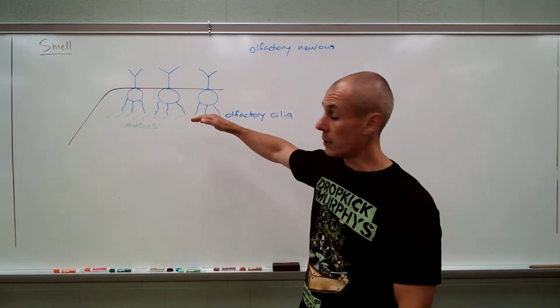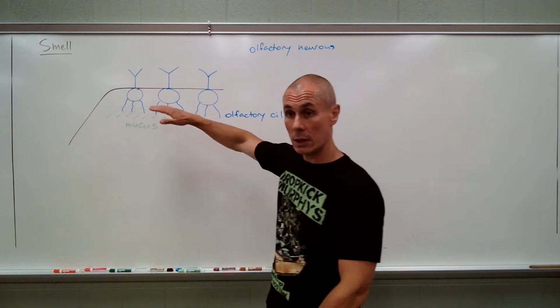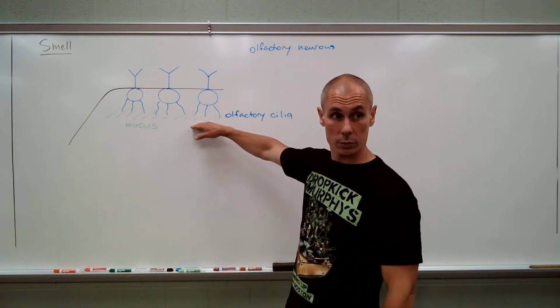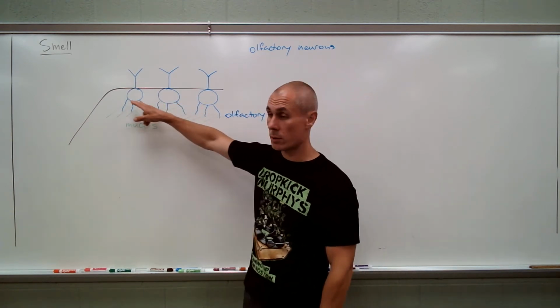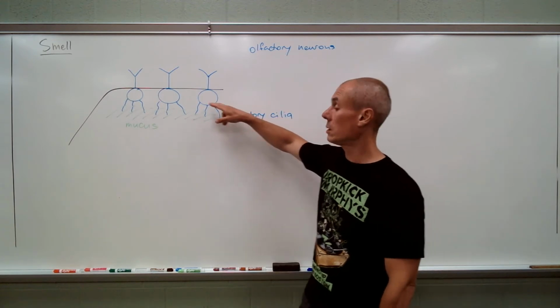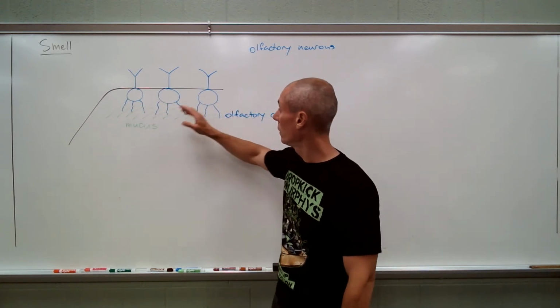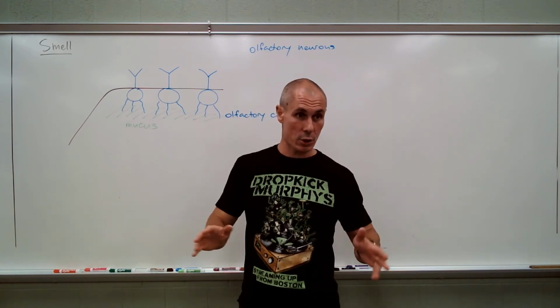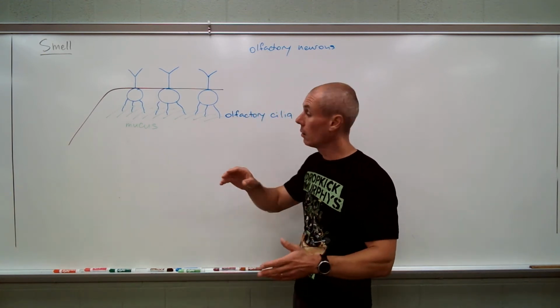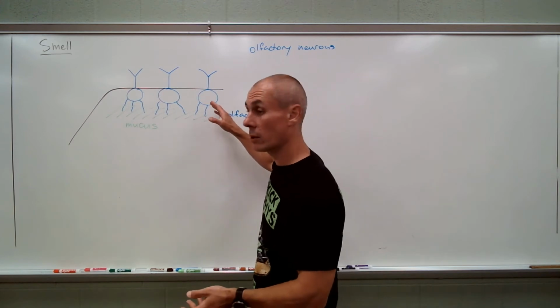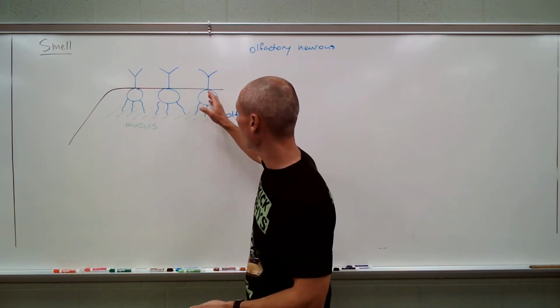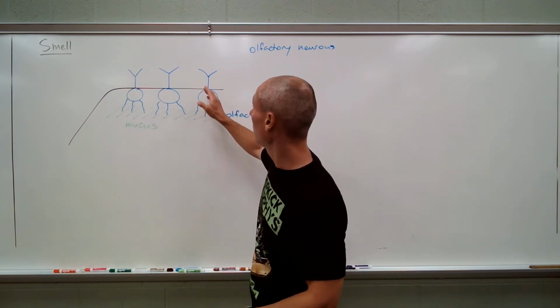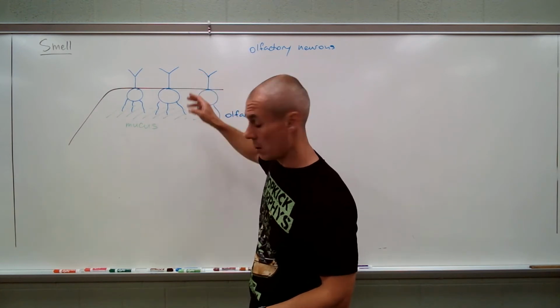So now, check this out. Chemical is dissolved in the mucus, and receptors in the olfactory cilia sense the chemical, they form some kind of action potential, or gradient potential, whatever. And that electrical signal goes through the body into the axon.